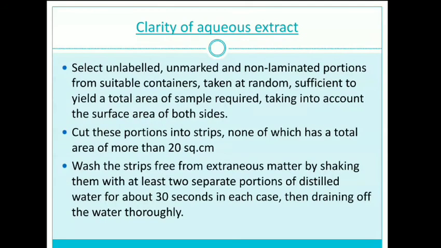The third test for non-parenteral preparation is clarity of aqueous extract. This test examines whether the solution is clear or any turbidity is present. To perform it, select unlabeled, unmarked and non-laminated portions from suitable containers taken at random, sufficient to yield the total area of sample required, taking into account the surface area of both sides.